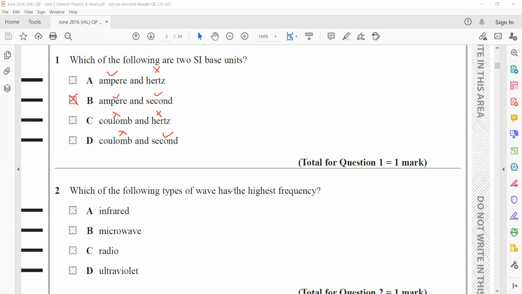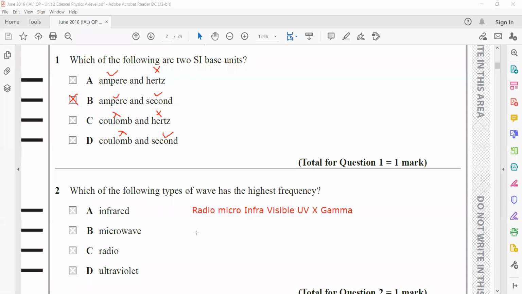Which of the following types of wave has the highest frequency? When we write the electromagnetic spectrum, we have radio, micro, infra, visible, the only part which our eyes are sensitive to or can detect, ultraviolet, X-ray, and then gamma.